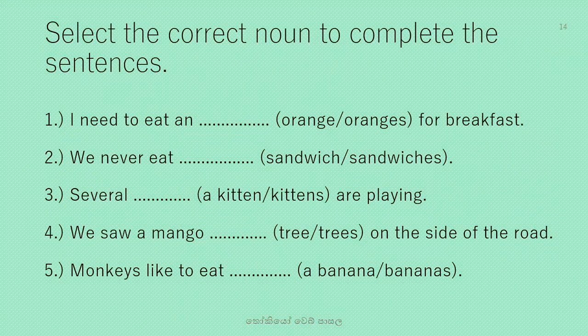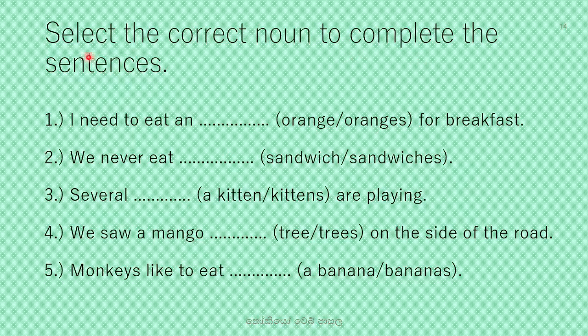Okay, so this is another exercise which I included here for you to get used to how we need to use these countable singular nouns and countable plural nouns. So select the correct noun to complete the sentence.